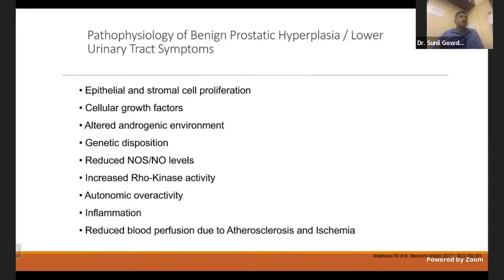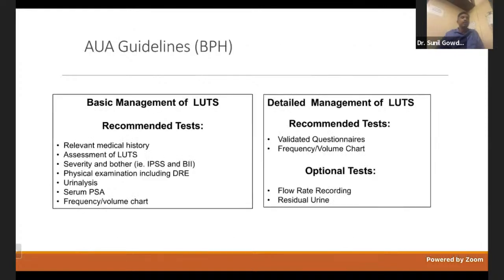There is some amount of genetic predisposition, autonomic overactivity, some inflammation, etc. All these are the pathophysiological factors involved whenever there is benign prostatic hyperplasia, which ultimately results in the development of lower tract symptoms in these patients.